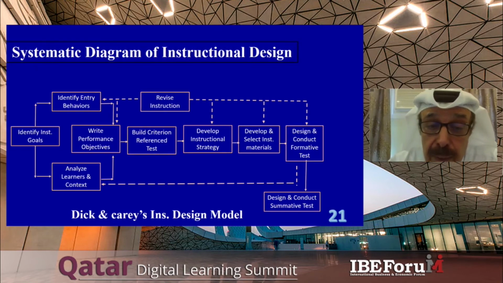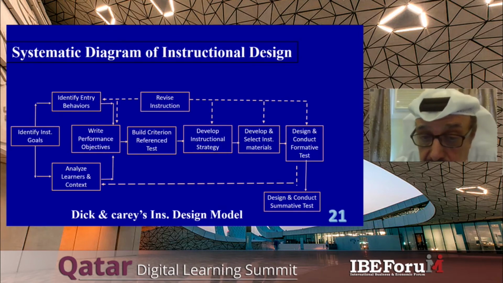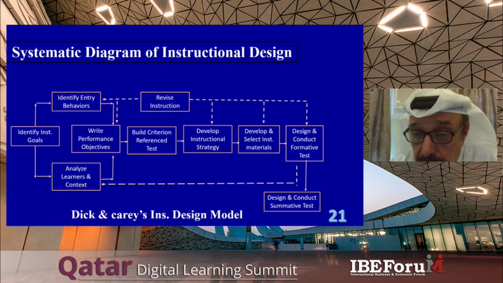So you build the criterion references based on the performance objectives. So, building the criterion-referenced test, then develop an instructional strategy. After that, we develop the instructional strategy. Then develop selected instructional materials. Also, instructional media is there.